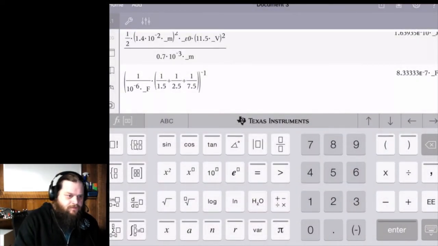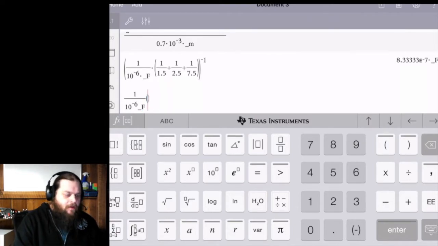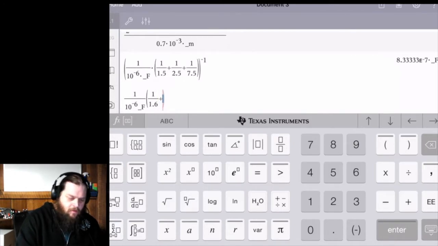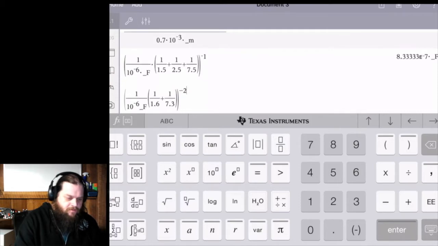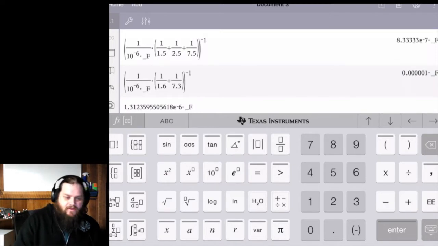So this is, again, I'm going to factor out my microfarads just so it's a little easier. Then I can do 1 over 1.6 plus 1 over 7.3, and I'm going to take that whole thing to the negative 1 power to end up with 1.31 times 10 to the negative 6 farad.